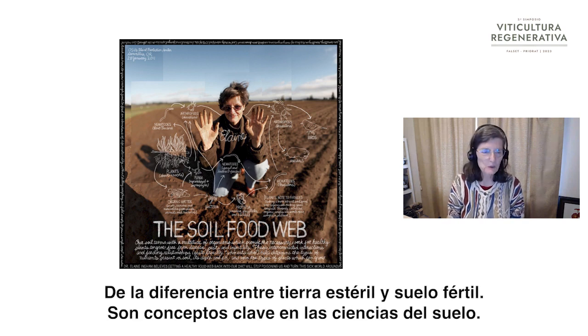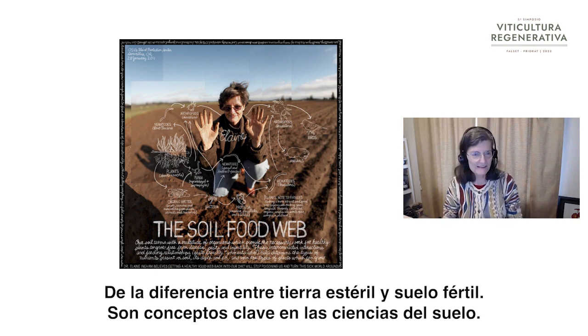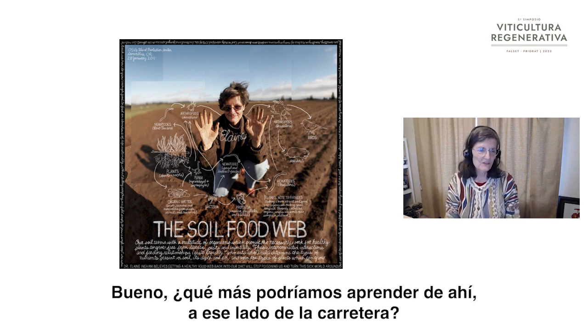What's the difference between soil and dirt, the four-letter D word in soil science, and of course the four-letter S word in soil science. So what else could we learn from over on that side of the road?